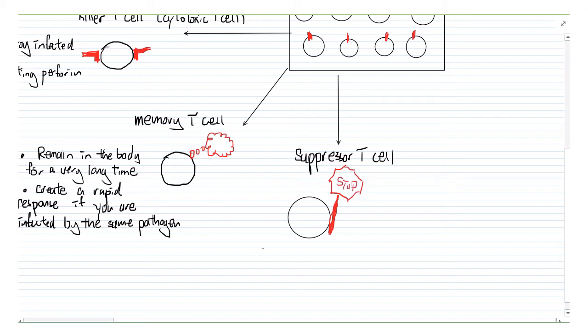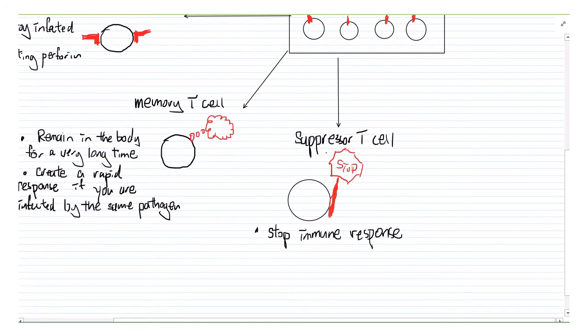This will stop the immune response. You don't want to keep on having mitosis when there is nothing to fight, right? Uncontrolled cell division is quite a dangerous thing. It can lead to cancer, right? So stop the immune response when the infection is cleared.